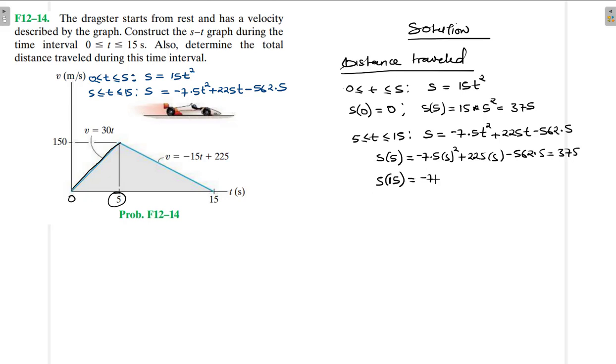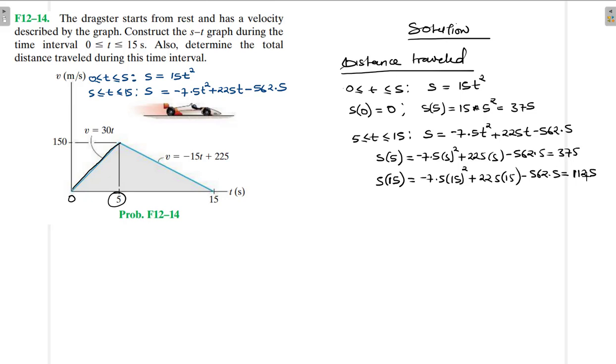So, and then s of 15, let's see how far this goes. Minus 7.5 by 15 squared plus 225 by 15 minus 562.5. Let's see what we get. So this gives us 1125 meters.